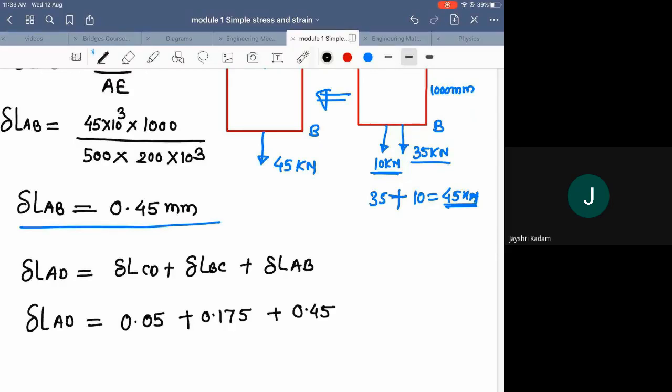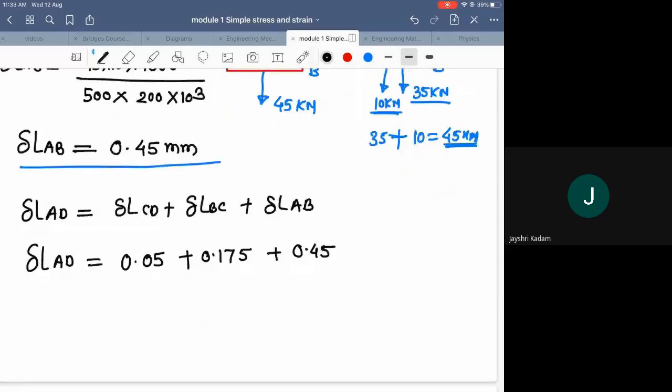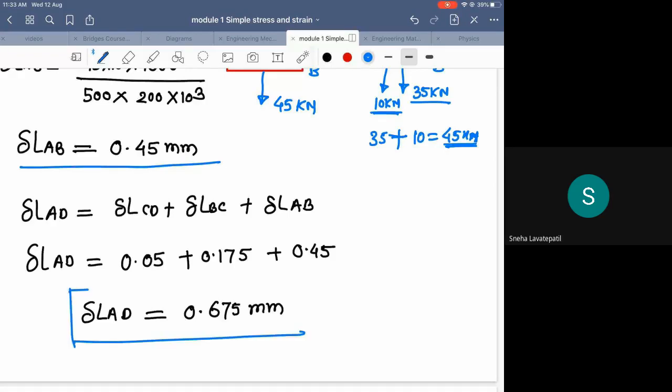So these are the values. Finally I calculated delta L as 0.675 millimeter. By this way we calculated the change in length for member AD.